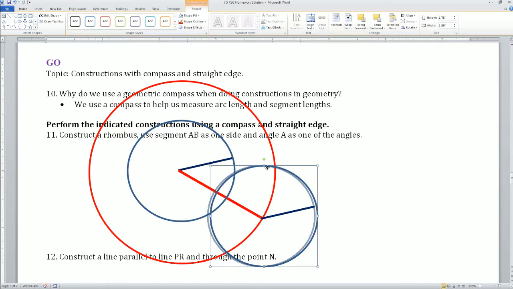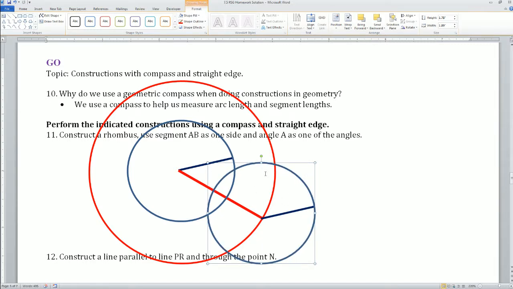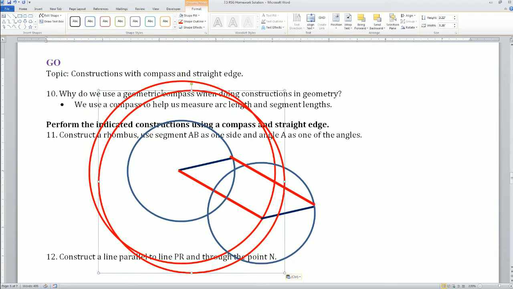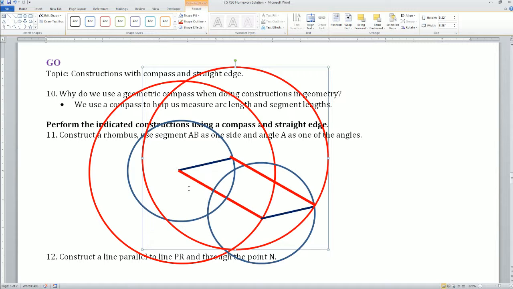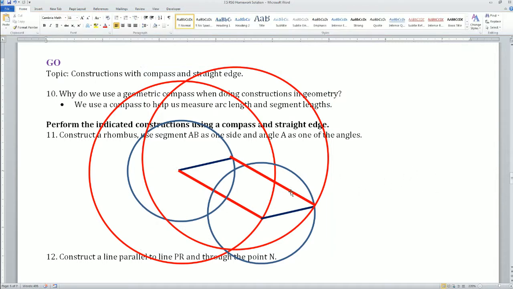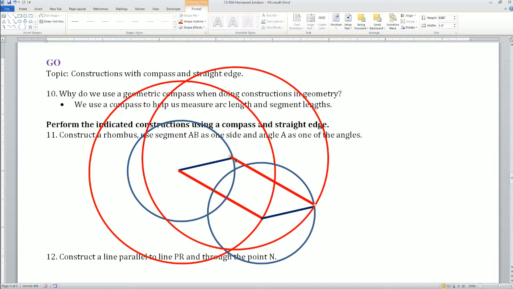Then this line goes from there, and that is caused by this second red. So the two big reds get us the lines that go right here. Then the blue circles get us our lines going to the left.